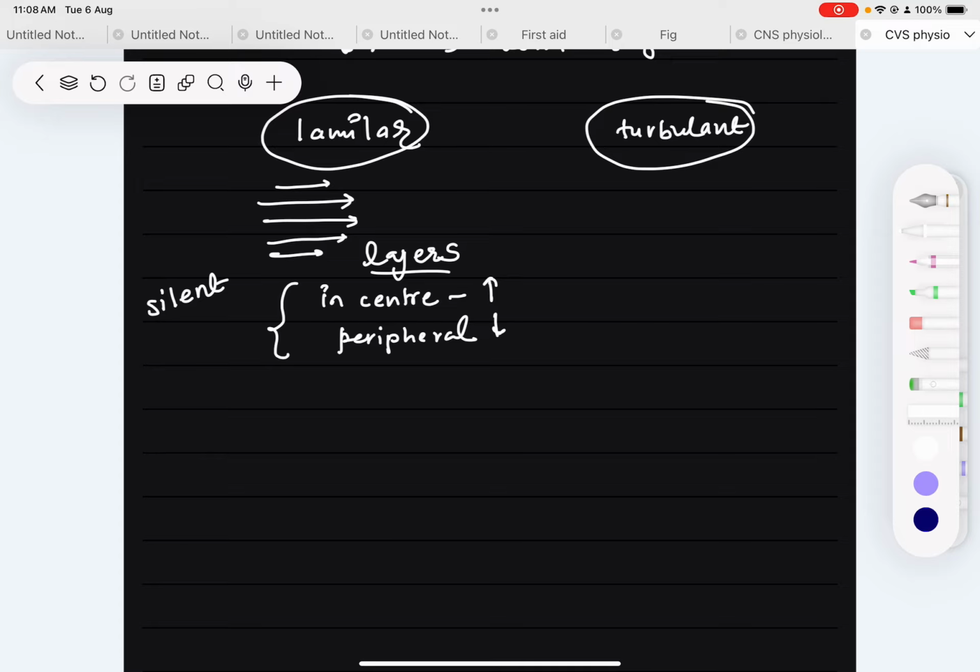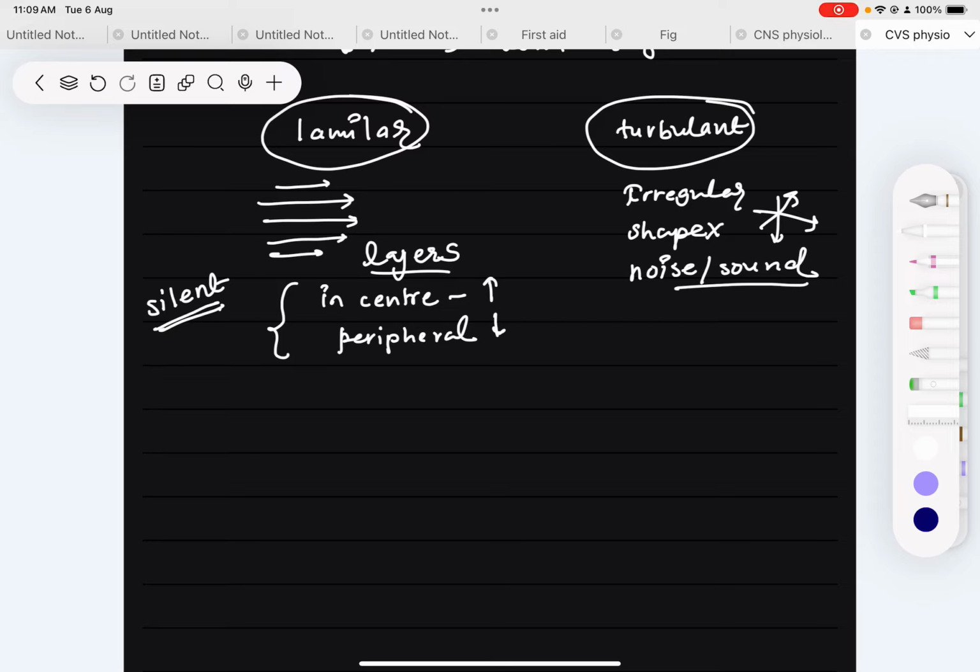There will be no sound in laminar flow, as the velocity is less. Turbulent is totally different. It will be irregular, so blood is going in every direction, there will be no shape, and here it won't be silent, so noise or sound will be there.